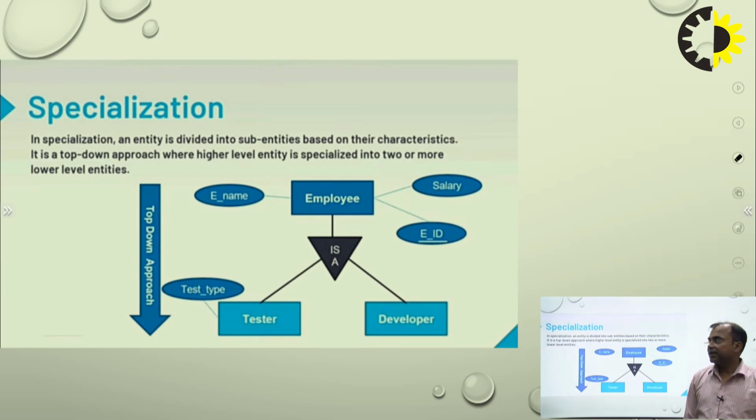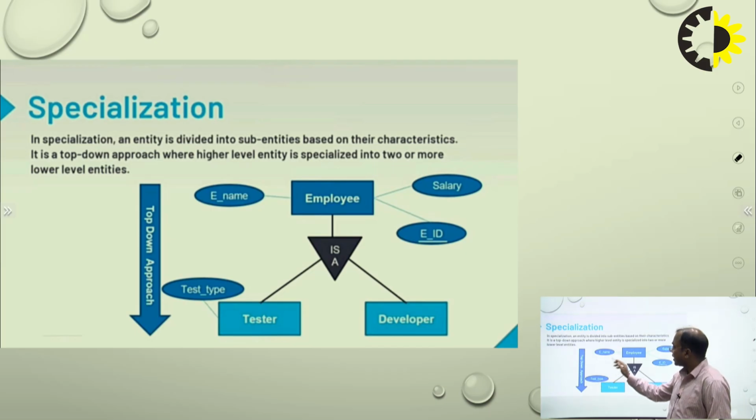Here we can take an example of specialization. We can see how it is a top down approach, and what the common attributes among them are. We have an employee name, a salary, and an employee ID. When we go from this superclass to subclasses, a tester and a developer, these entities are added.